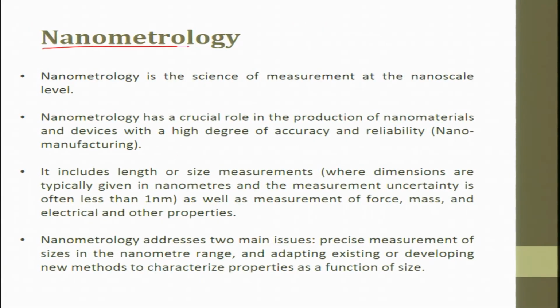The last part of the optical measurements is nanometrology. As I told, nanometrology is the talk of the town. Nanometrology is the science of measurement at nanoscale levels. Here we are trying to measure features and surfaces fabricated at nanometer scales.